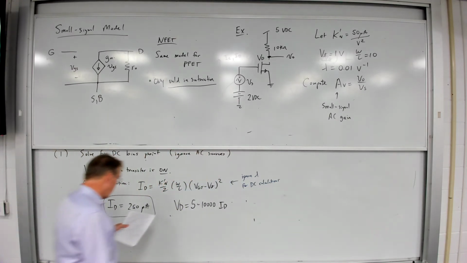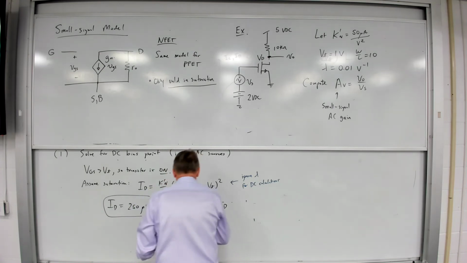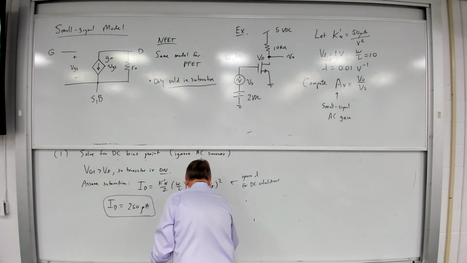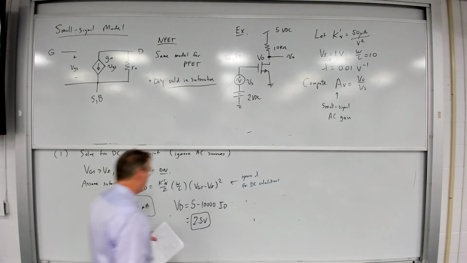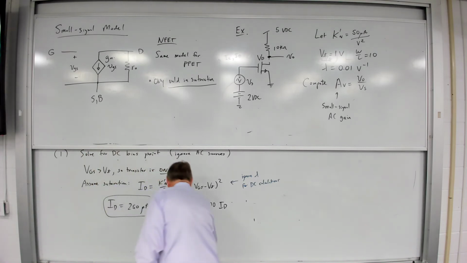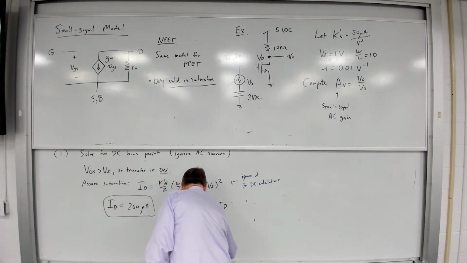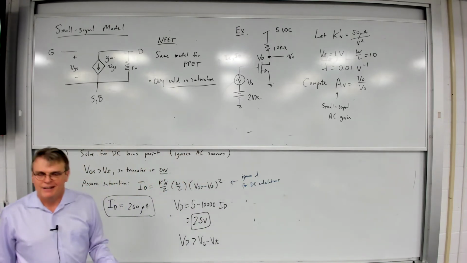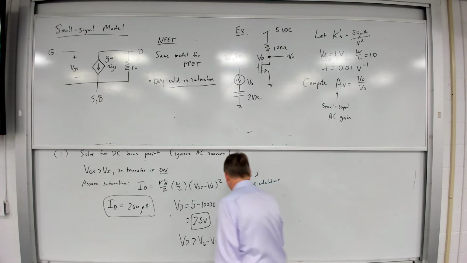Plug this in, and I get 2.5 volts. Is this transistor in saturation? Is VDS greater than VGS minus VT? Or is VD greater than VG minus VT? Yes, VD is certainly greater than VG minus VT. 2.5 is greater than 2 minus 1. And therefore, saturation is confirmed.